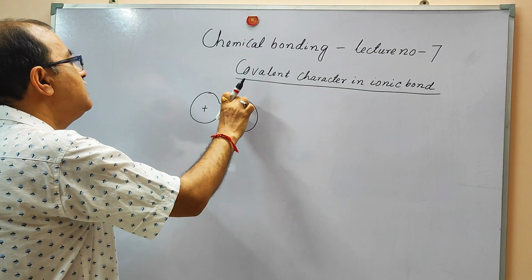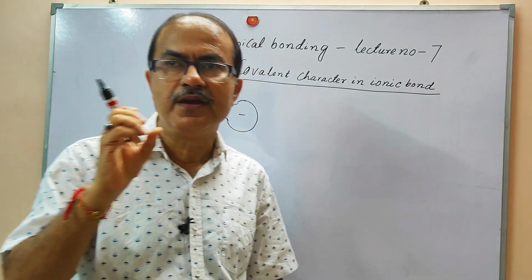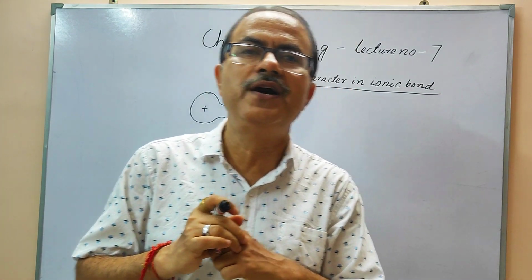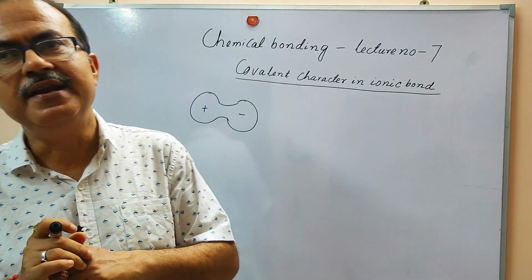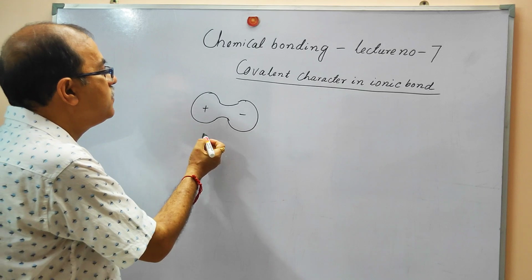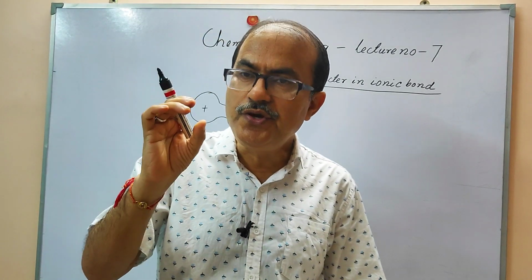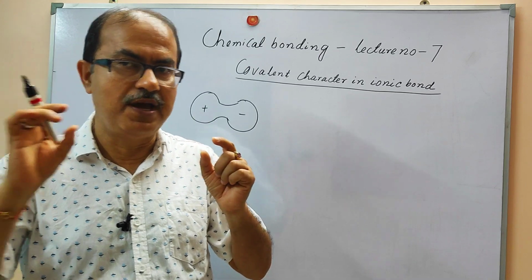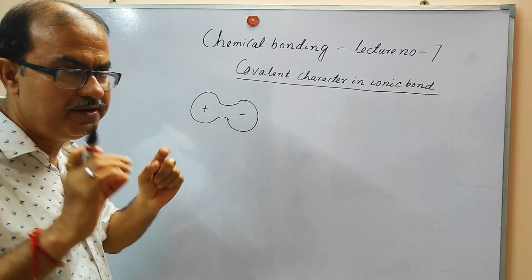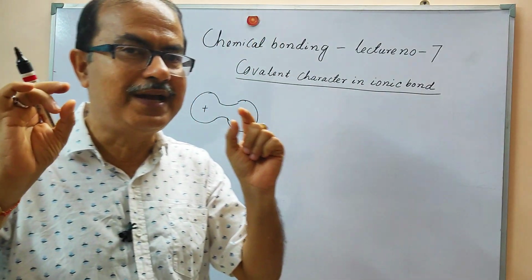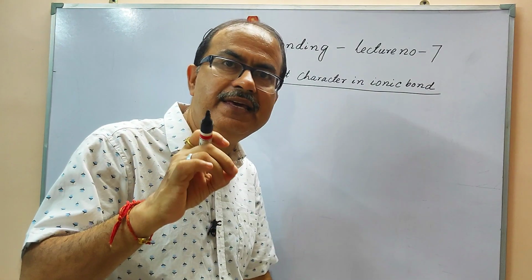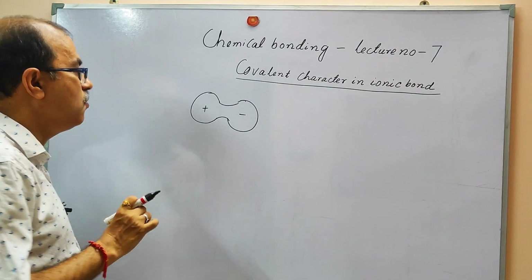The negative charge comes toward the positive cation and neutralizes some portion of the positive charge, and in this way it acquires some covalent character. In a covalent bond, we see the electron cloud between the two atoms, and in a similar way the electron charge resides between the cation and anion, so there is covalent character in the ionic bond.